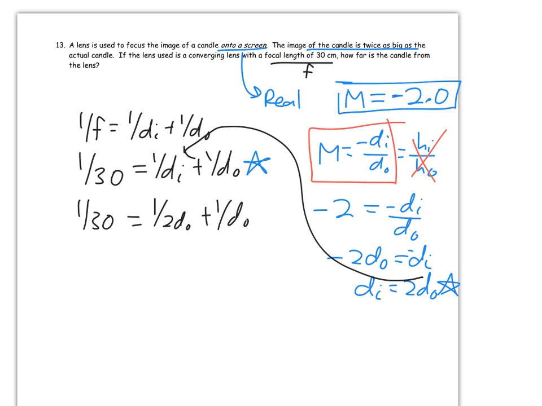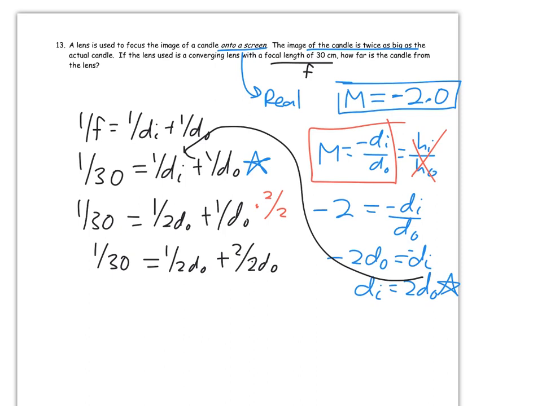Here comes a slightly tricky part. We need to combine these fractions, so I'm going to end up multiplying this by 2 over 2 to give it a common denominator. So we can say 1 over 30 equals 1 over 2 do plus 2 over 2 do. Again, comes from multiplying top and bottom by 2.